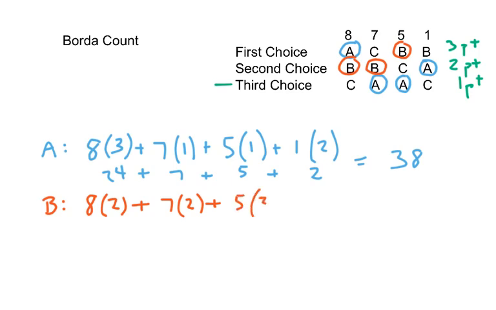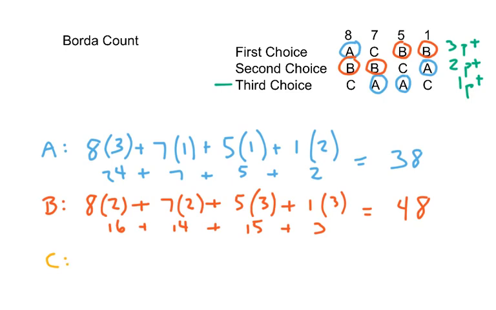So that's 5 3-point votes. And they have 1 first place vote. So that's 1 3-point vote. So let's see, we've got 16 plus 14 plus 15 plus 3. So candidate B has a total of 48 points.